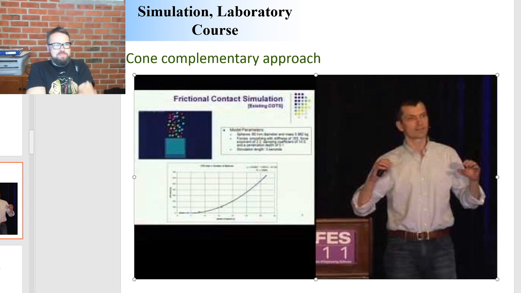So that was about how to use a cone complementarity approach. So what have we learned so far? We learned that we have to use a contact detection method to see if the contact takes place. If contact takes place, the usual way to solve that is using penalty forces. But we can alternatively use the cone complementarity approach, which is based on inequalities.